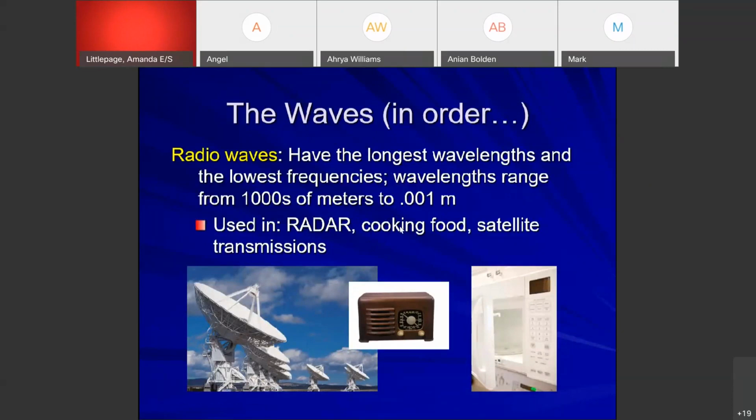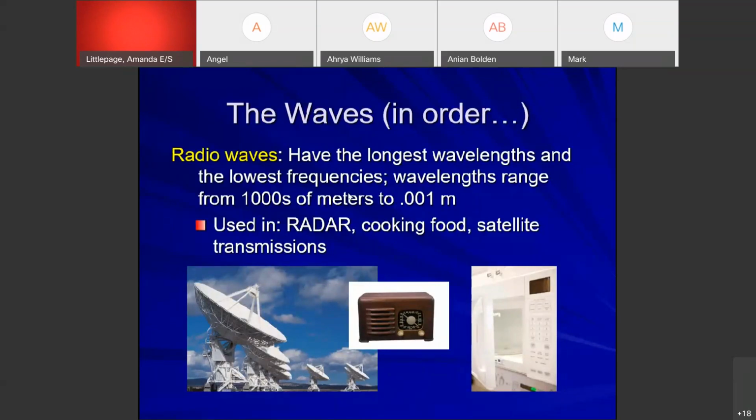What I want to point out here is that microwaves fall in between radio and infrared. If you looked at this slide for radio waves and thought, I've never cooked food using a radio wave, well, that is true, you haven't. But what this probably should have said was radio waves and microwaves.